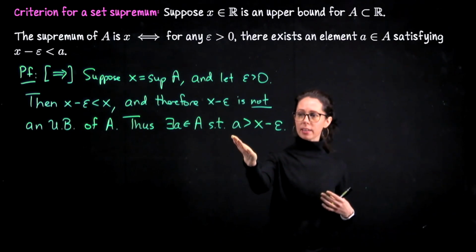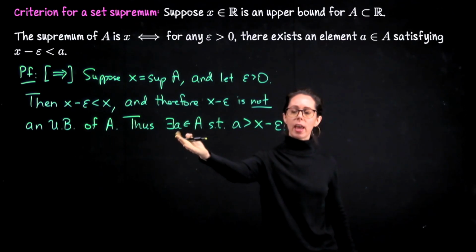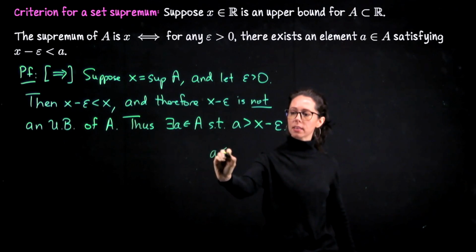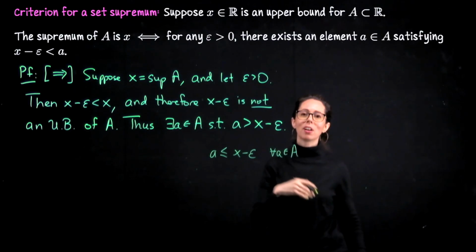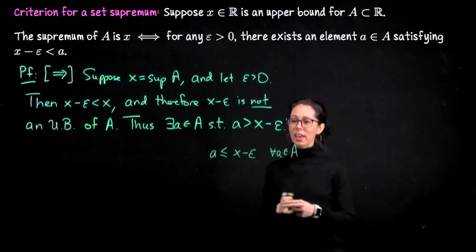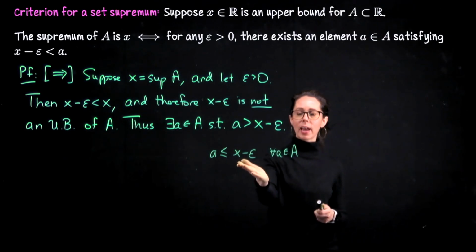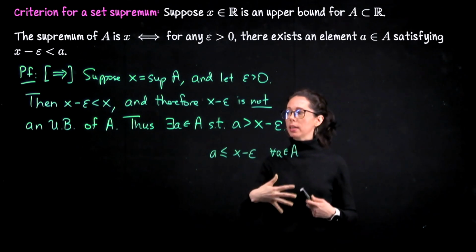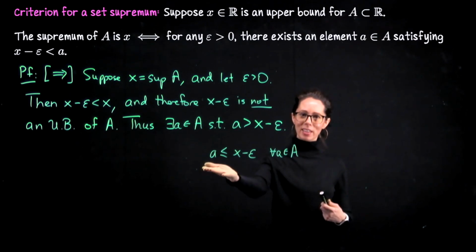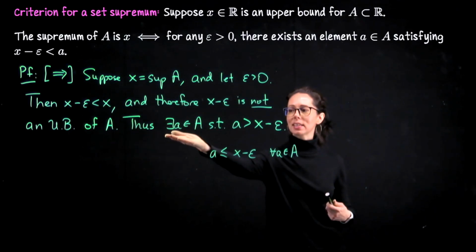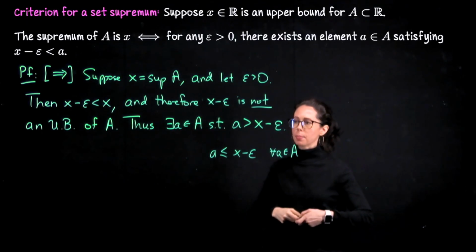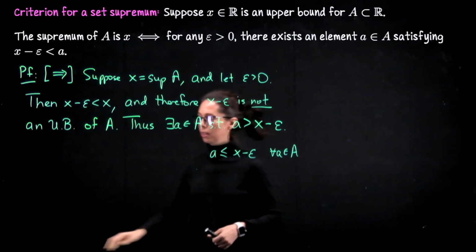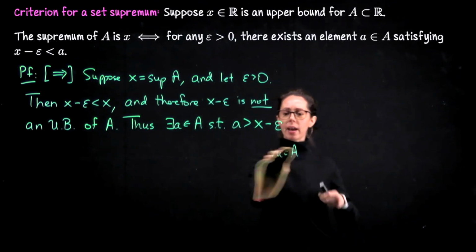If you couldn't find such an a, then you would have a is less than or equal to x minus epsilon for all a in the set A. And then this is exactly what it would mean to say that x minus epsilon was an upper bound. Since we know that x minus epsilon is not an upper bound, you can't do this for all a. Therefore, there must exist an a from the set A such that that element a is greater than x minus epsilon. Again, you don't need to write out this contradiction here.